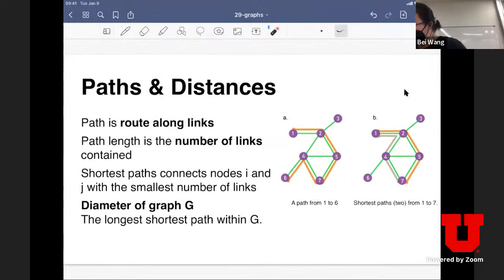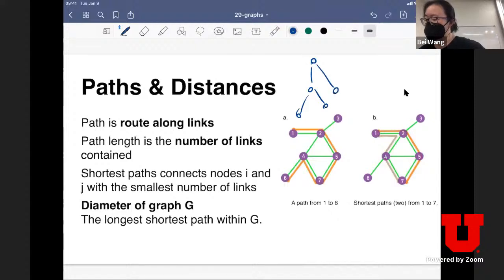Similarly, between 1 and 7, I can go here versus I can go here. Actually, there are 2 shortest paths, each of length 3. So whenever we talk about shortest paths, it's not guaranteed to be unique, right? The only time the shortest path is guaranteed to be unique is when your data is a tree. When you have a tree, the shortest path between any 2 nodes is unique. Actually, the path between any 2 nodes is unique.